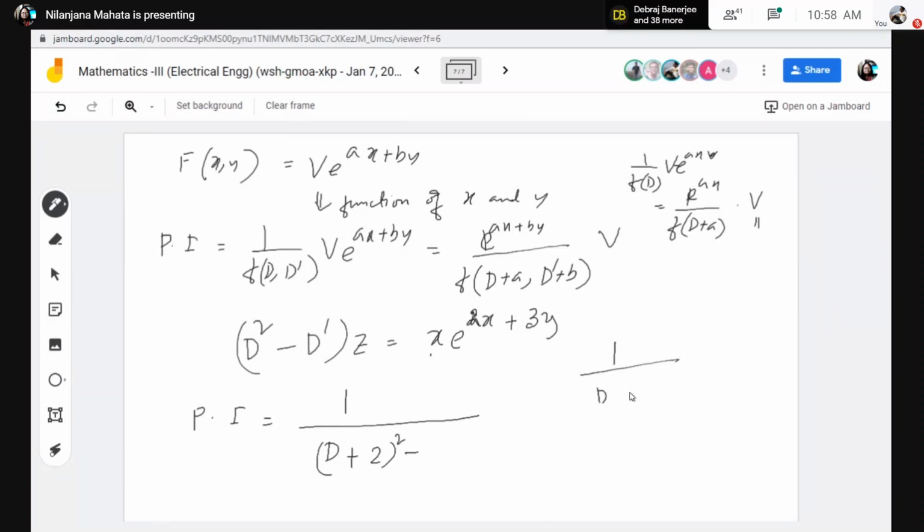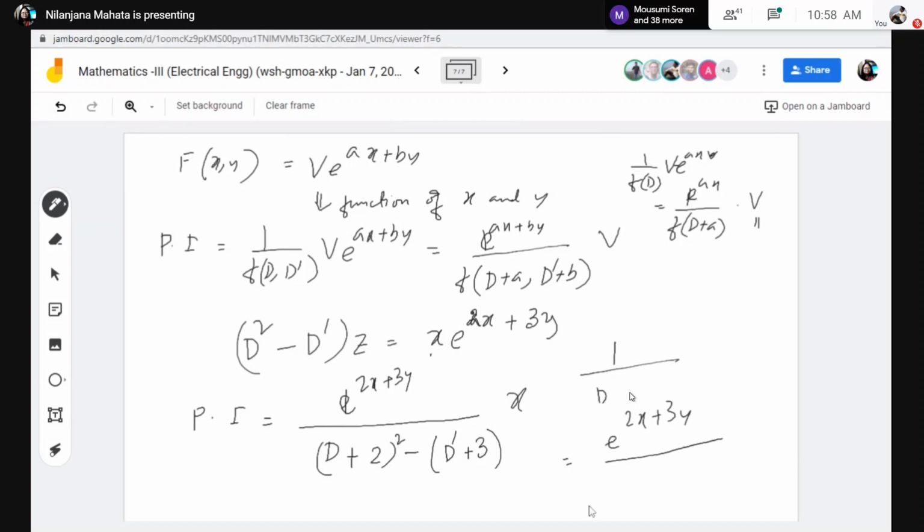So it will be just D plus a in place of D, and D' plus b in place of D', where b is 3. Right. This will be operated on x. So this will be e to the power 2x plus 3y.